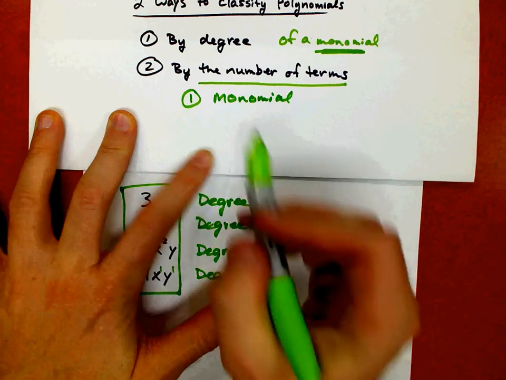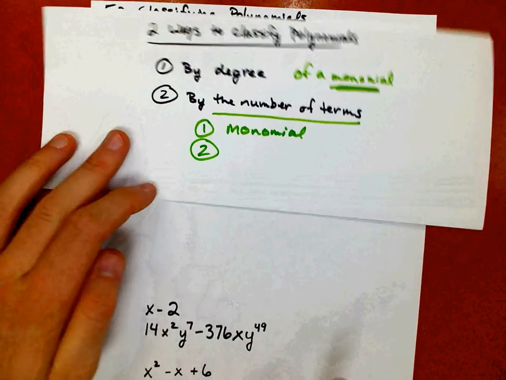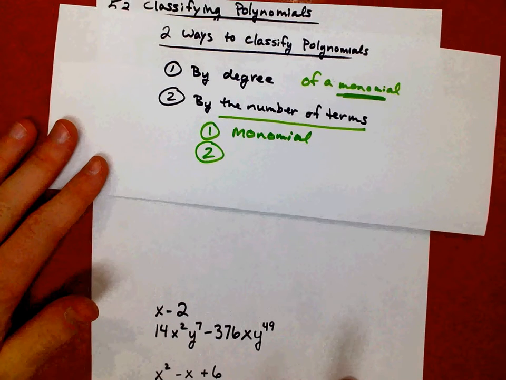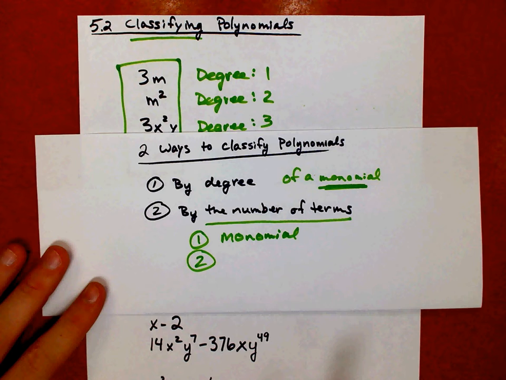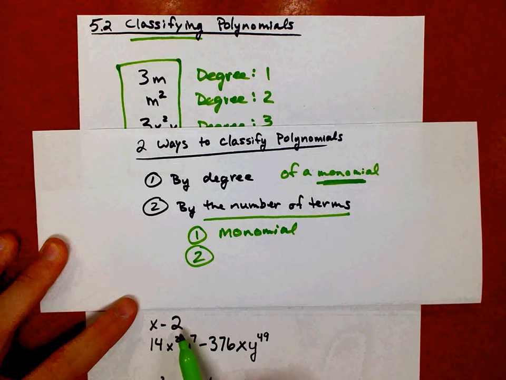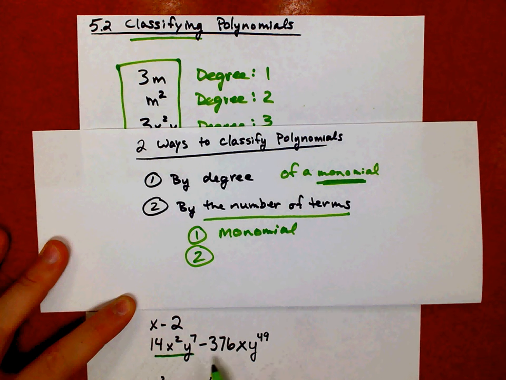If a polynomial has two terms, well, let's look at some down here that have two terms. Down here at the bottom of the page, you can see some polynomials that have two terms, x minus 2, and 4x squared y to the 7th minus 376xy to the 49th.